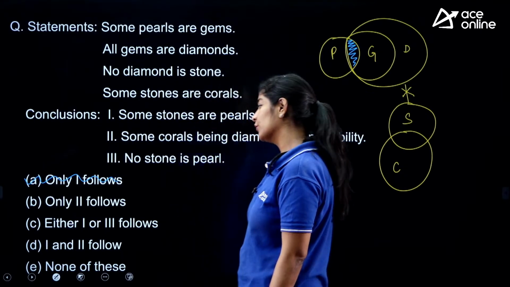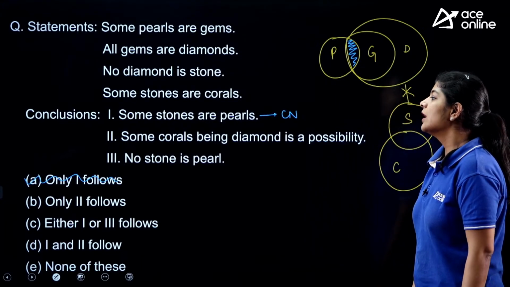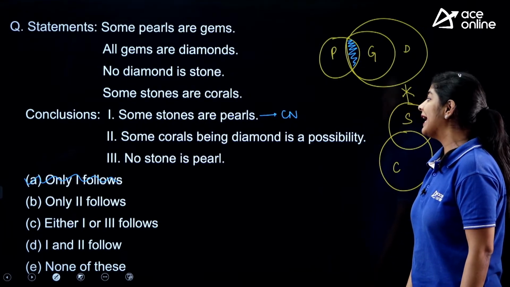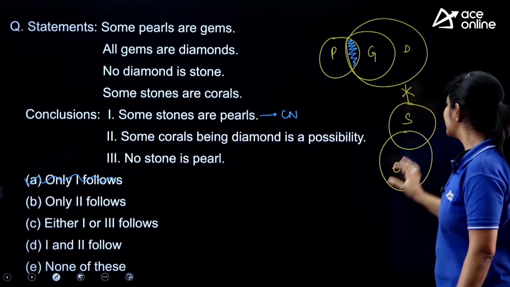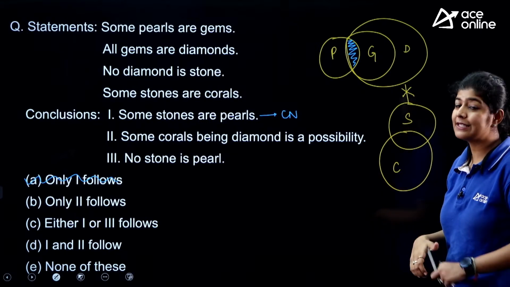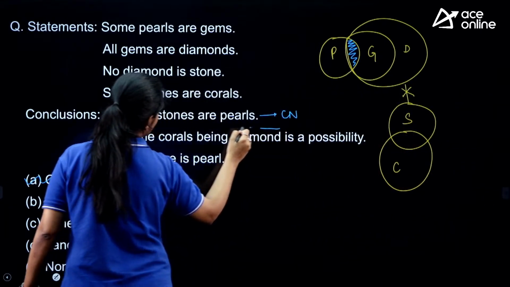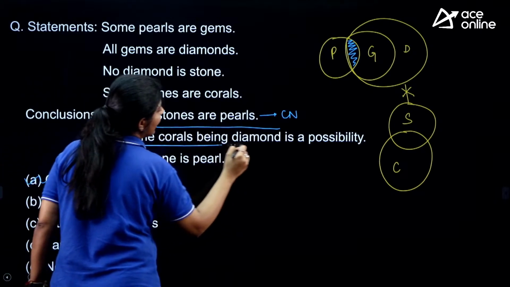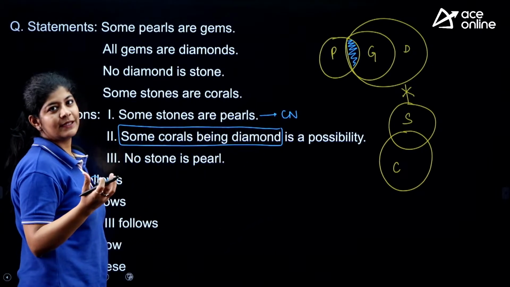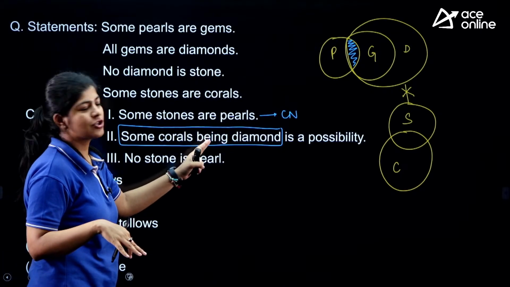Okay, Radhe, you both are giving option number C as the answer. Let's see. Next, some corals being diamond is a possibility. Is there any chance? First we need to check this segment. As we have the possibility case, first we need to check whether this part belongs in the can't say condition or not.